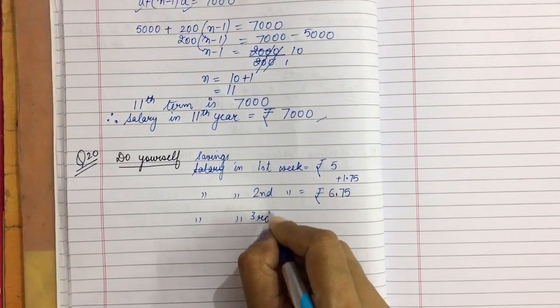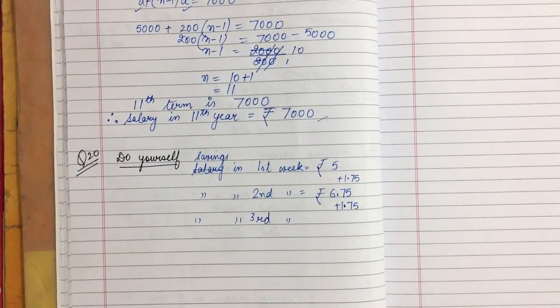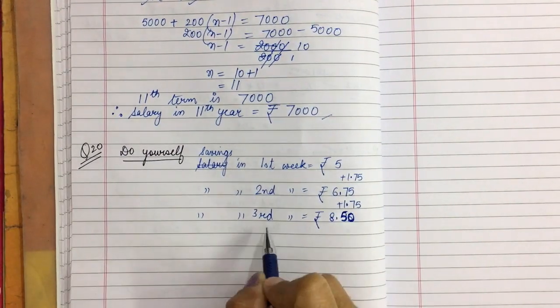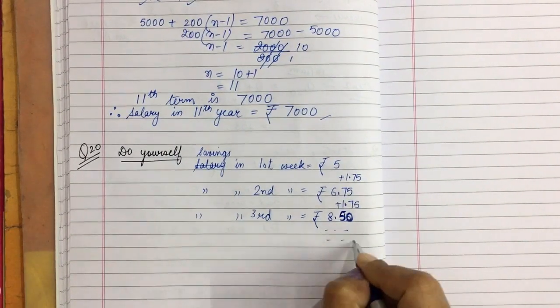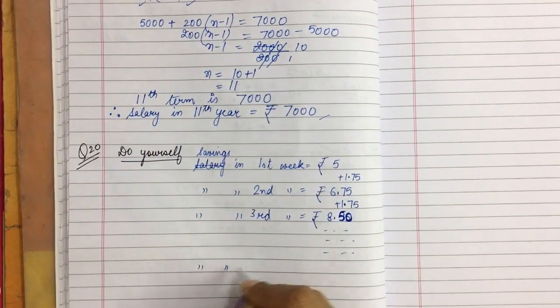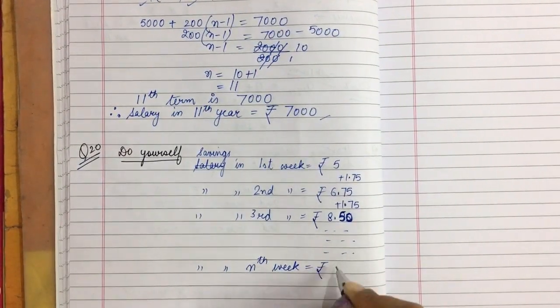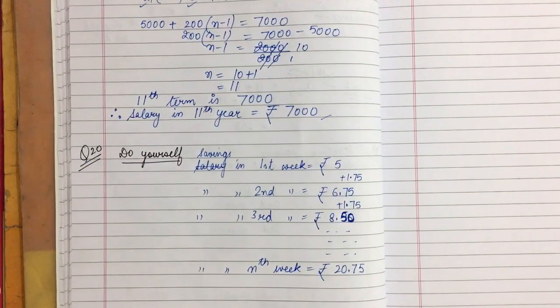In the third week, again it increases by 1 rupee 75 paise. So her savings in the third week will be 8 rupees and 50 paise, and this way it keeps on increasing, and in the nth week she is able to save 20 rupees 75 paise.